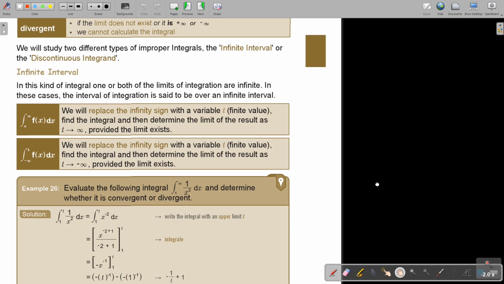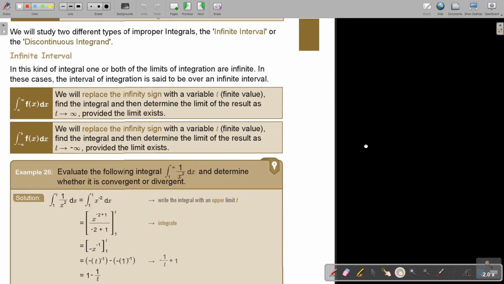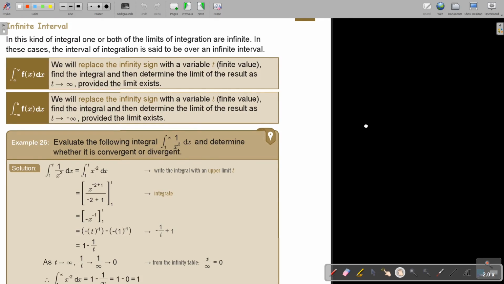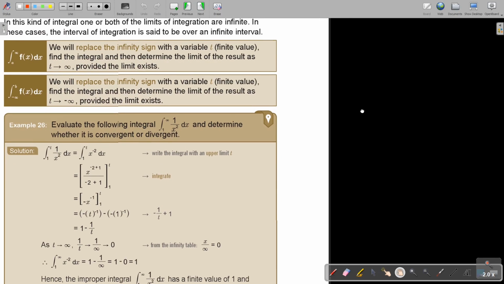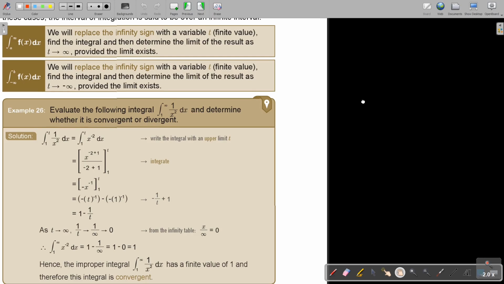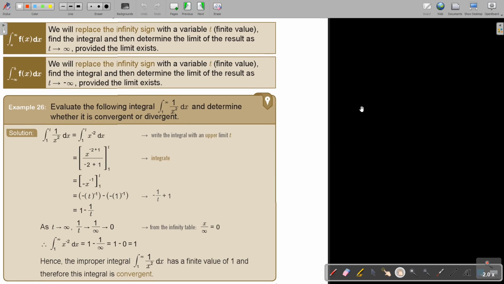I think now it's just important that I look at an example and give you an example. Let's just move it up a little bit. The infinite sign is very small. Okay, if I say evaluate the following integral, there's the infinite sign, there's 1, there's the function, and determine whether it's convergent or divergent.